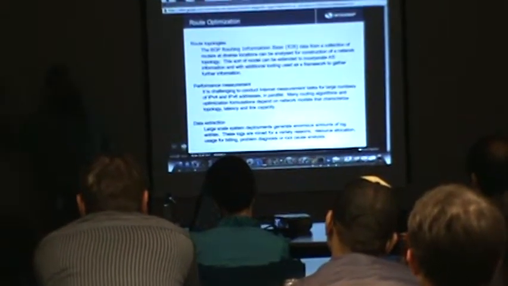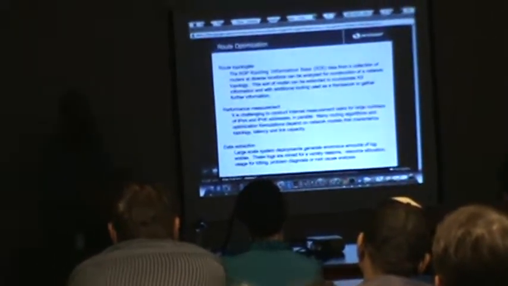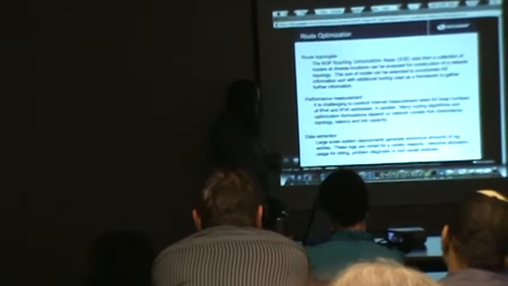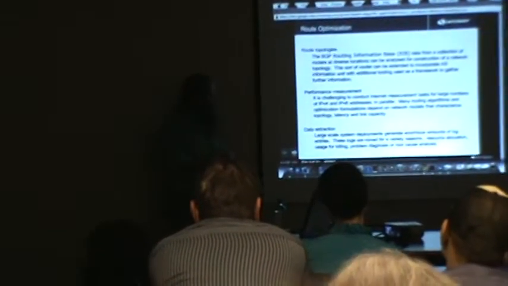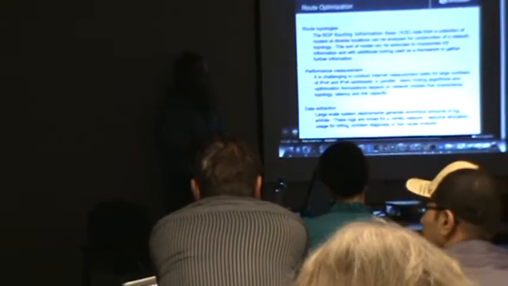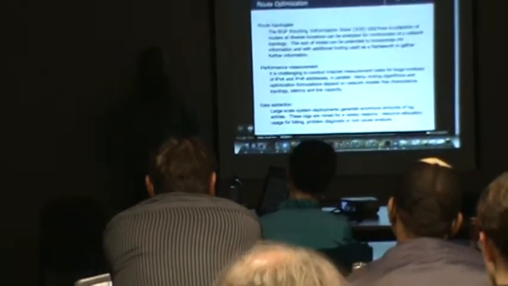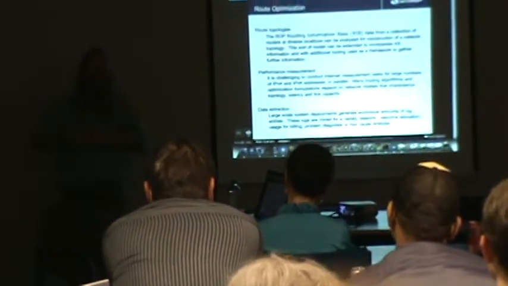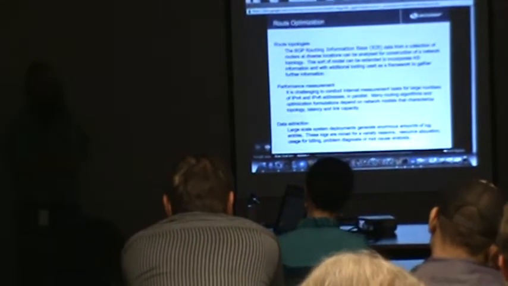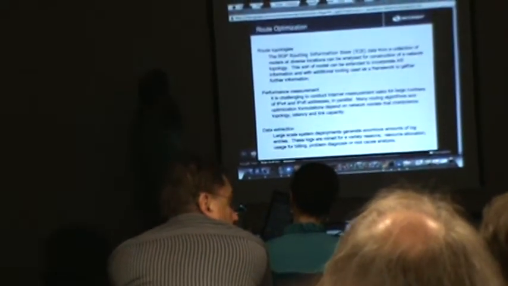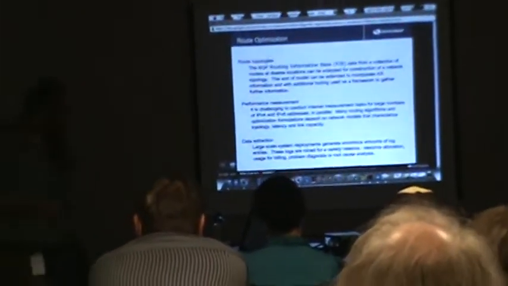Because we bill on a 95th percentile or whatever, how did you calculate that, and how do you prove that what we billed for was what someone used? And then the nightmare case is problem diagnosis or root cause analysis. Something went bad, something has failed, and we want to discover very quickly where that is so we can mitigate it. So that's in general the route optimization pieces.